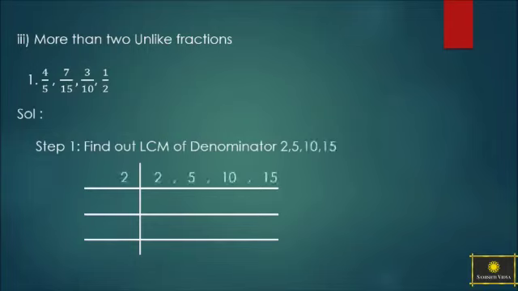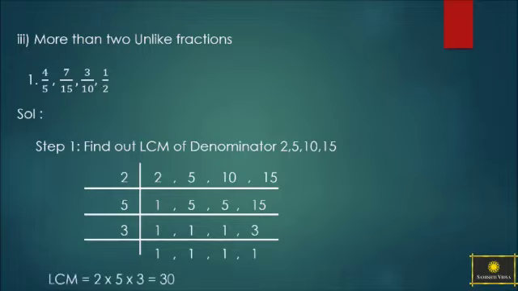We can find out the LCM by using the factorization method. We get the LCM as 30. Now, each fraction we need to convert to an equivalent fraction with denominator 30.